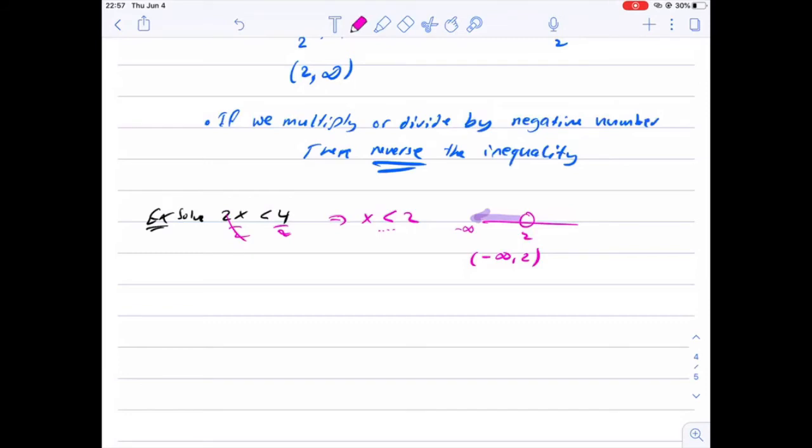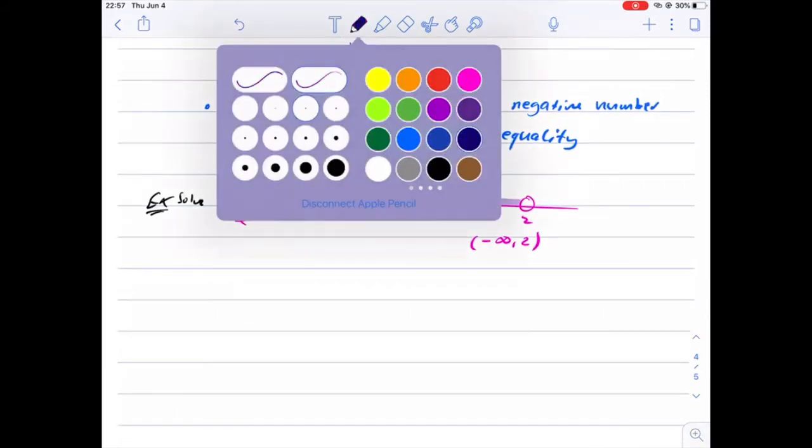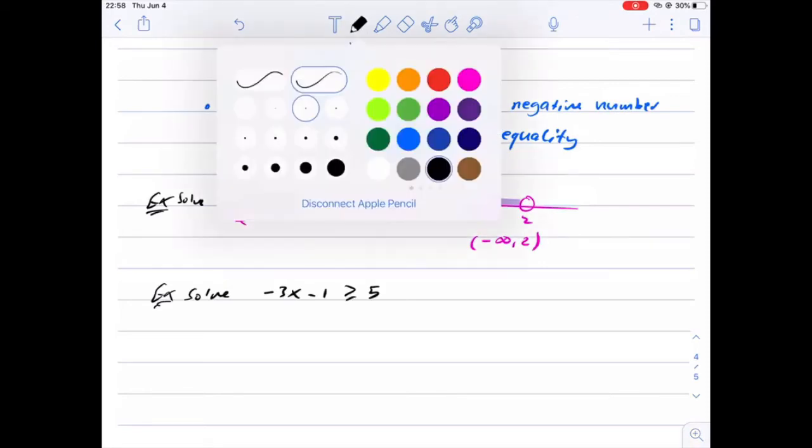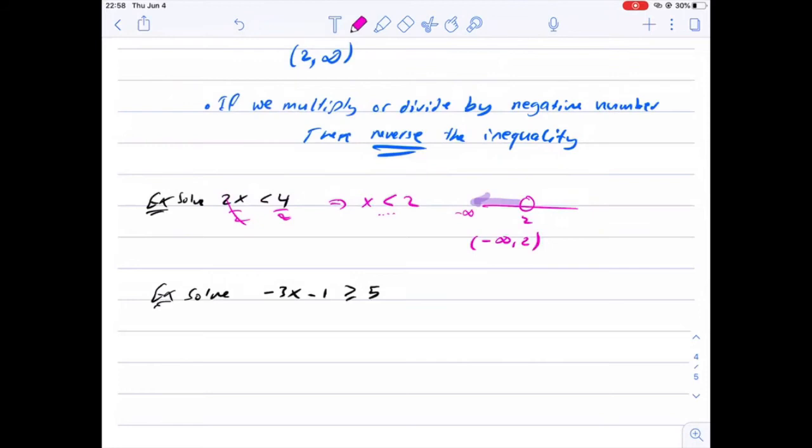Now let's take another example. If we want to solve negative 3x minus 1 greater than or equal to 5, we solve it as if it was an equation. So we add 1 to both sides, and we get negative 3x greater than or equal to 6.